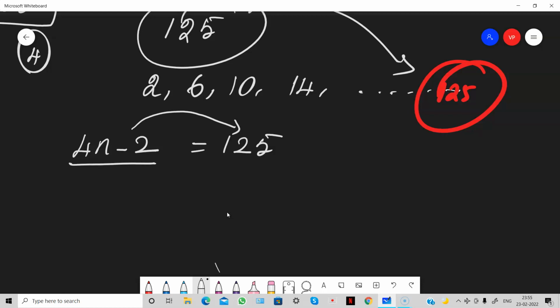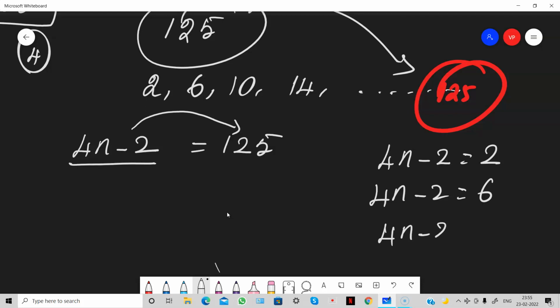Not only 125, students: 4n minus 2 gives 2, 4n minus 2 gives 6, and 4n minus 2 gives 10. Every member of the sequence you can write using this nth term, so I can write 125 also.